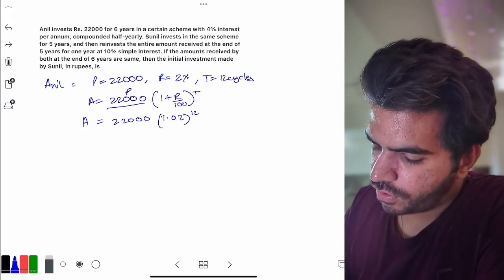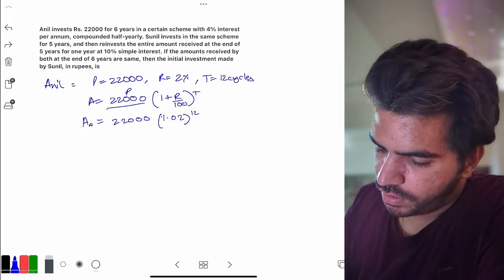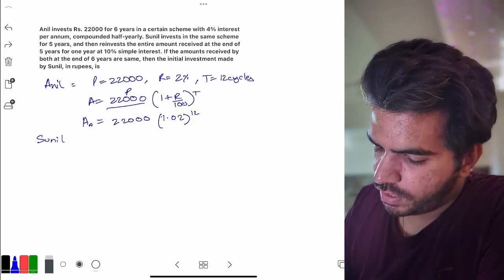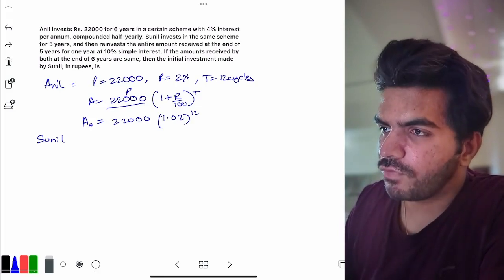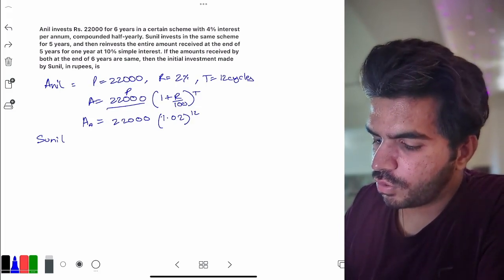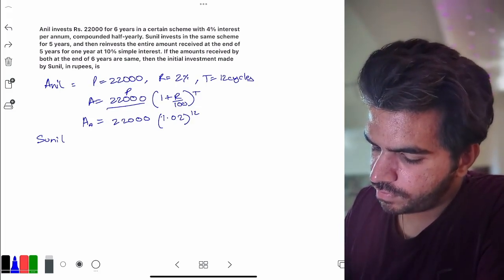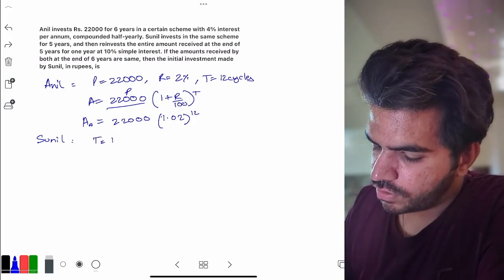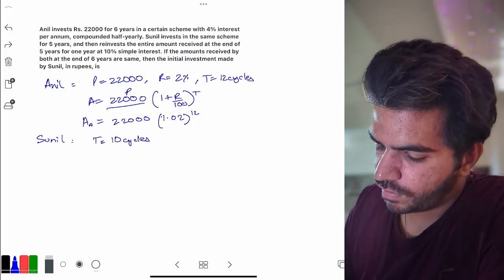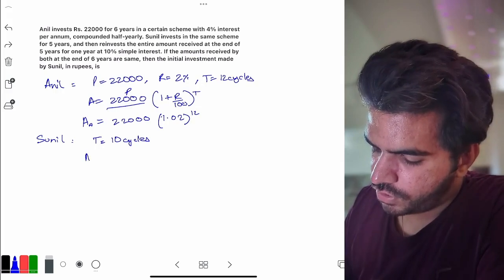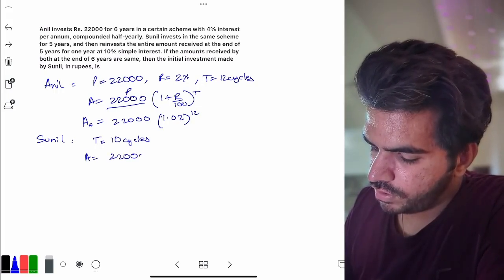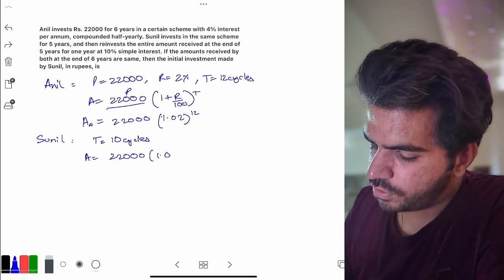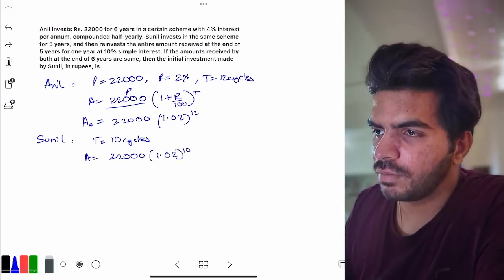This is the amount for Anil. Now for Sunil, he did the same, but only for 5 years. That means only his cycles will be changing. n is equal to 10 cycles. So the amount will be 22,000 into 1.02 to the power 10, because there will be 5 into 2, 10 cycles.